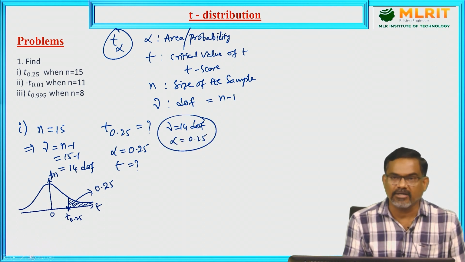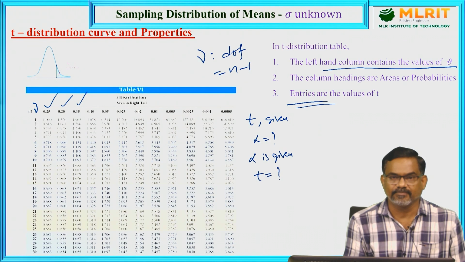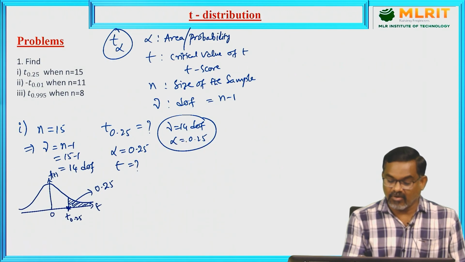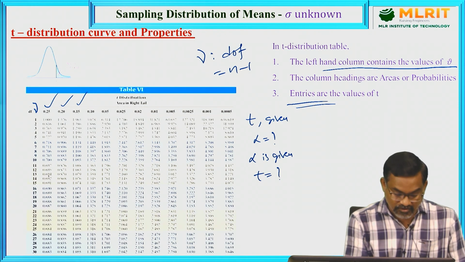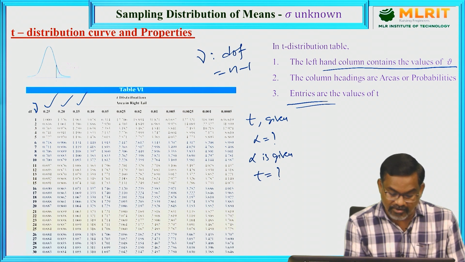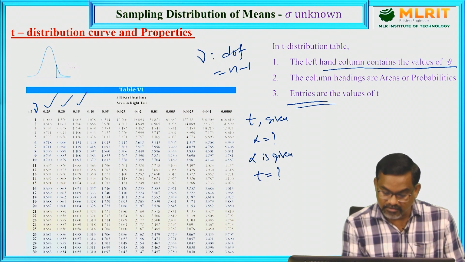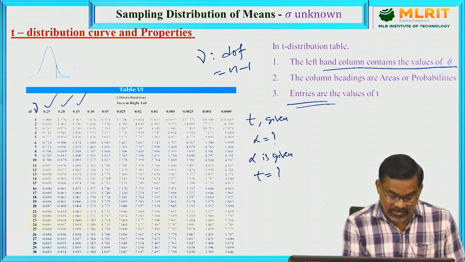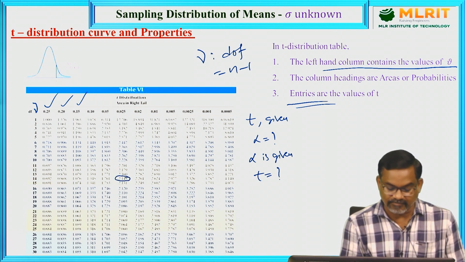So, let us go back to the t distribution table. For mu 14 degrees of freedom, alpha is 0.25. So, 14 degrees of freedom and 0.25, we get 2.145.